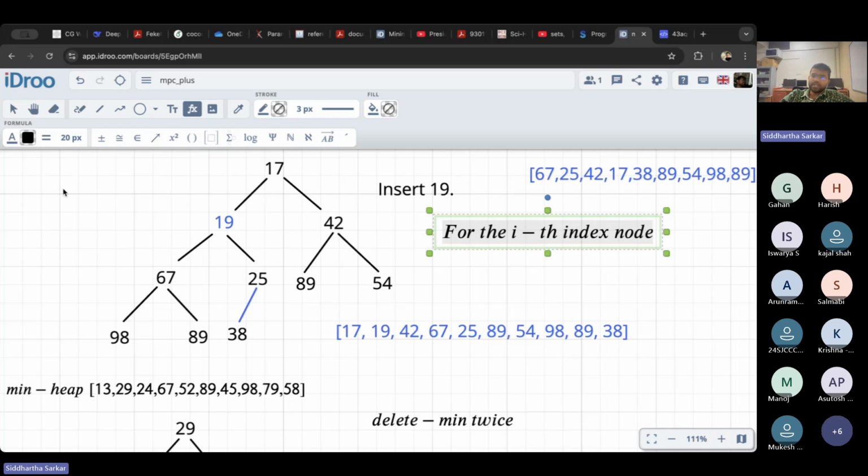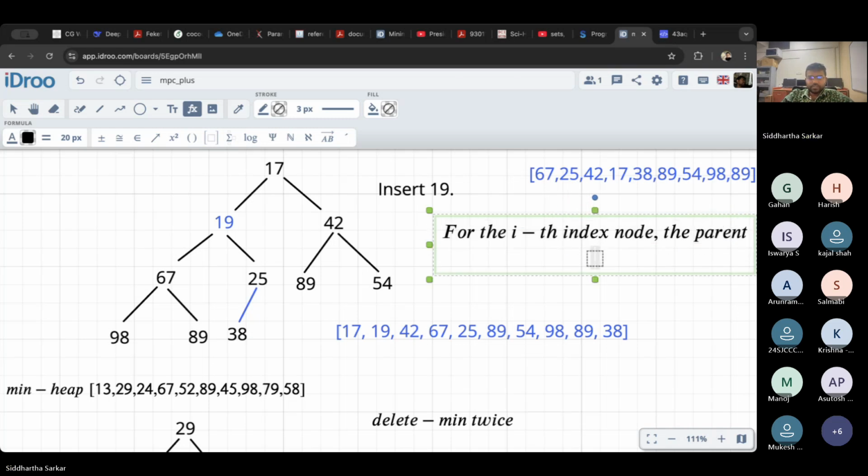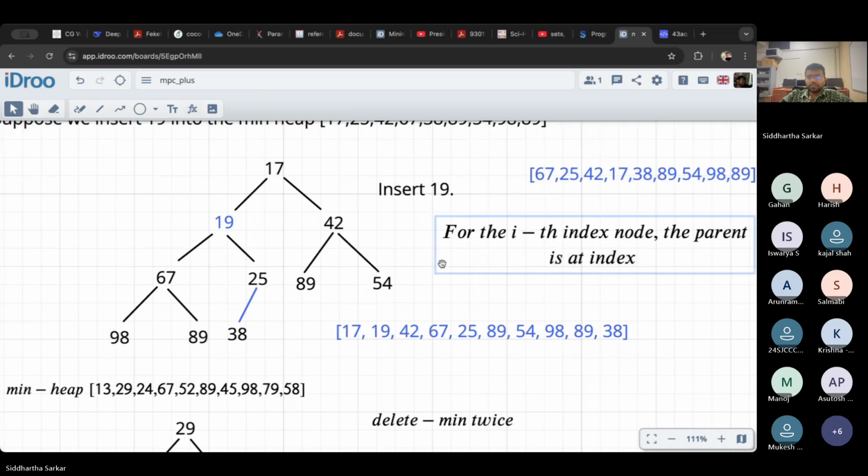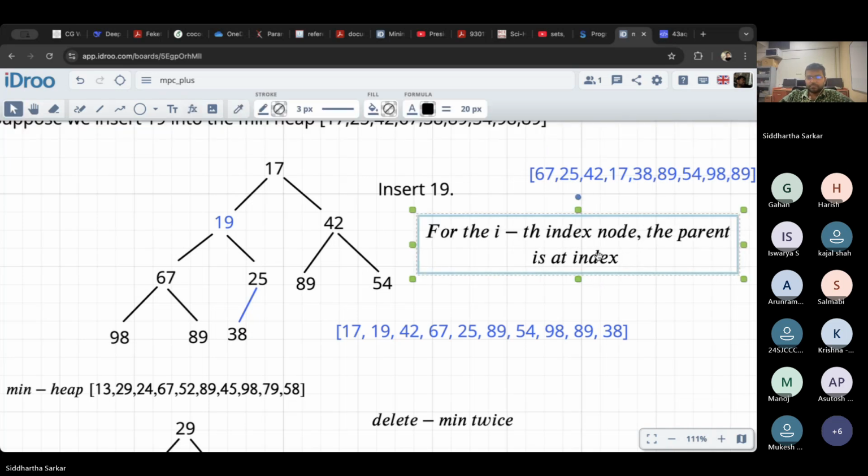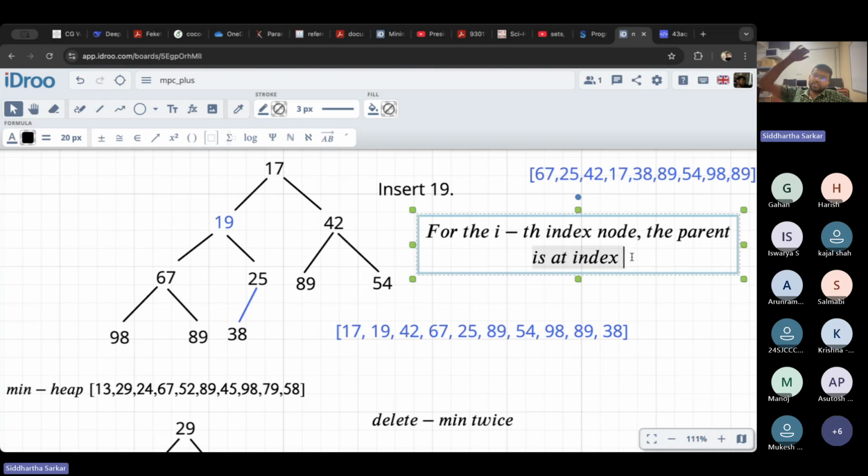In the list, if you're looking at the ith index, let us say 42 is a second index node. The parent is at index... Anybody knows where the parent would be? This we have seen in the videos.